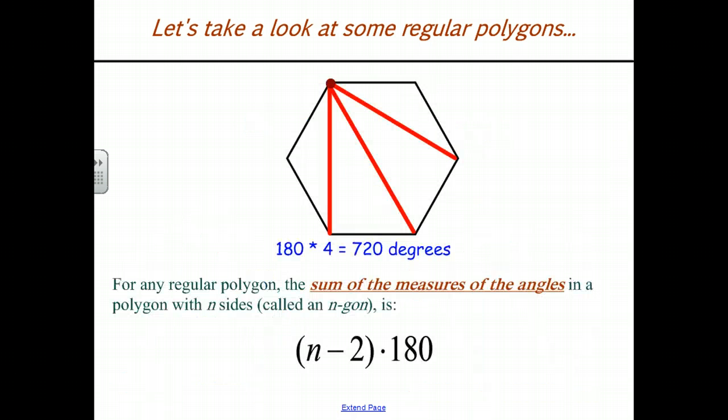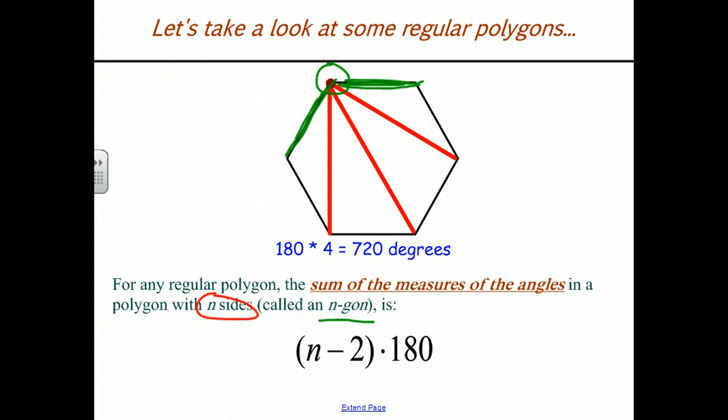For a polygon of any number of sides, we say that generically as n sides, and we call that an n-gon, to represent that it has that many sides. The sum of the measures of all the angles is just 180 times the number of sides minus 2. And why is it minus 2? Because this one vertex that we already chose is already connected to 2 vertices by sides.